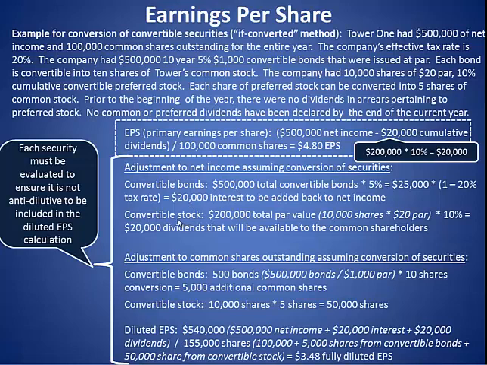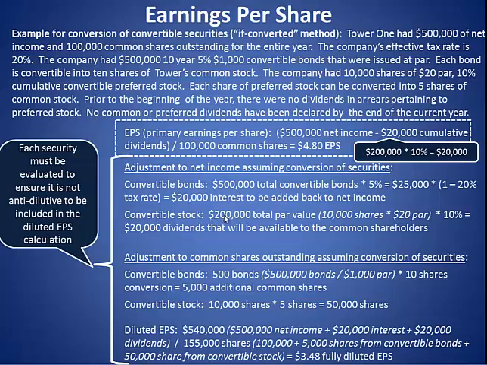In the case of convertible stock, we did accrue in effect this liability, dividends in arrears on the $20,000 worth of cumulative dividends on the cumulative stock. So again, we need to add that amount back. That will be income now available to the common shareholders because it's as if the convertible stockholders converted all their stock at the beginning of the year back into common stock.